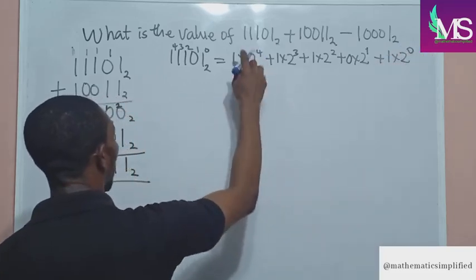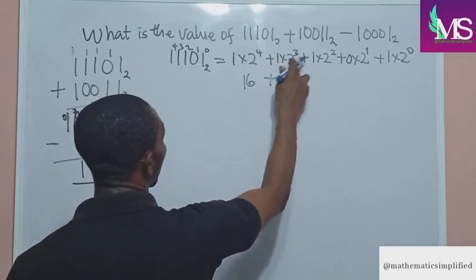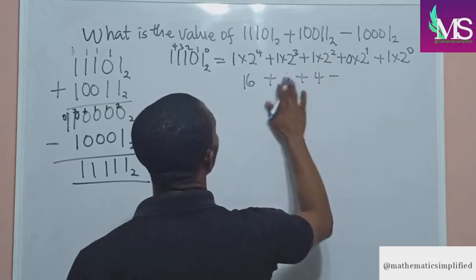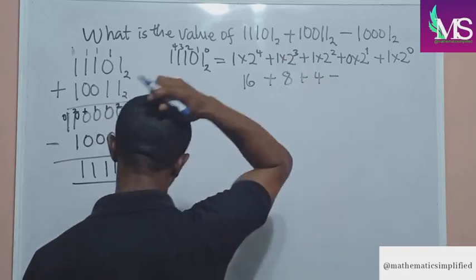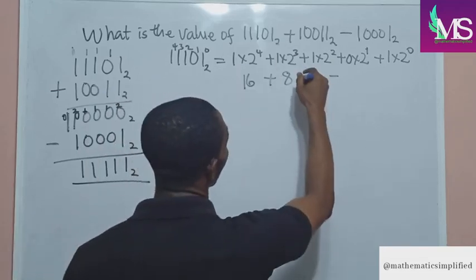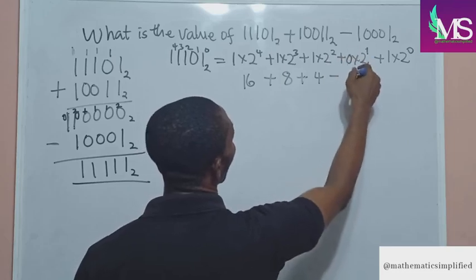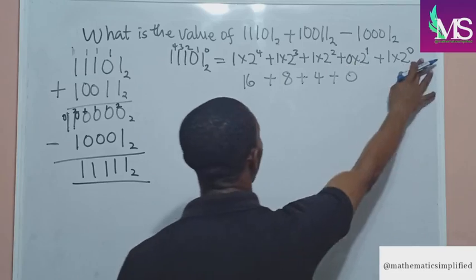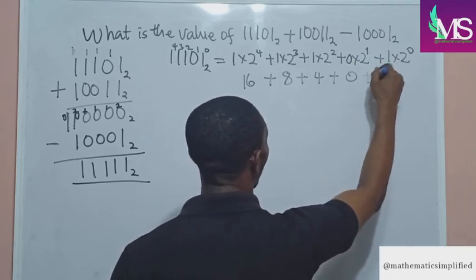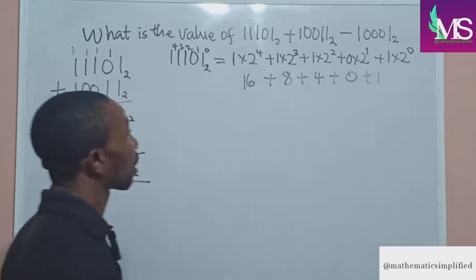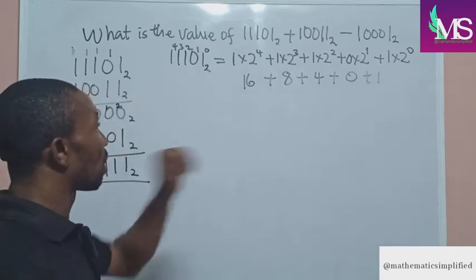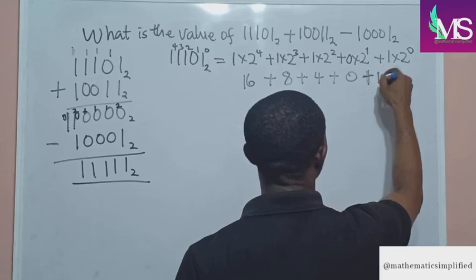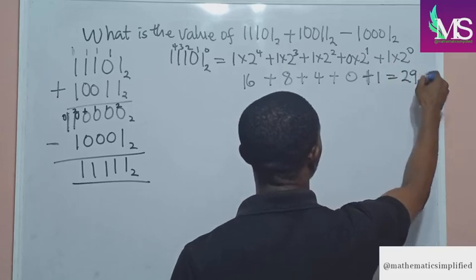So 2 raised to the power 4 gives us 16, plus 2 raised to the power 3 is 8, plus 2 raised to the power 2 is 4, plus 0, plus 1. If we calculate this out, this gives us 20, 28, 29. This leaves us with 29 base 10.